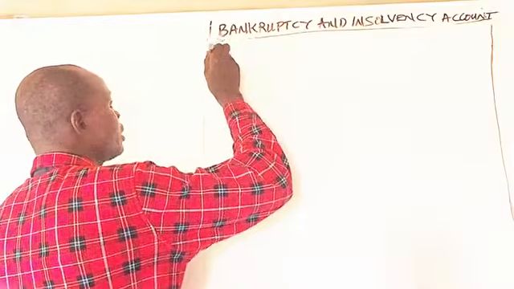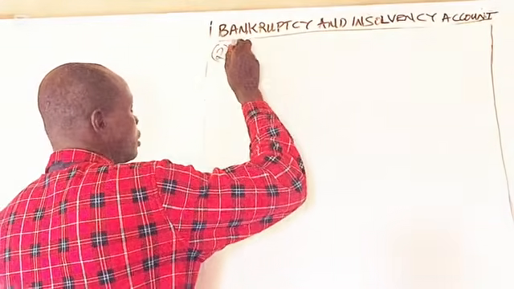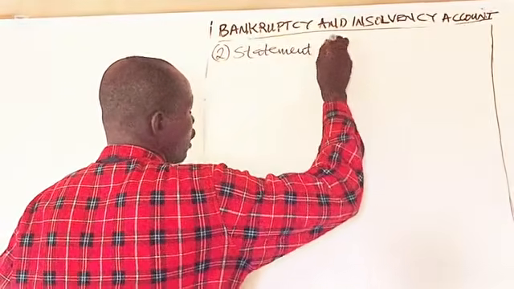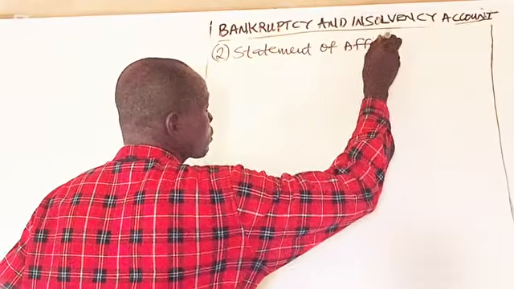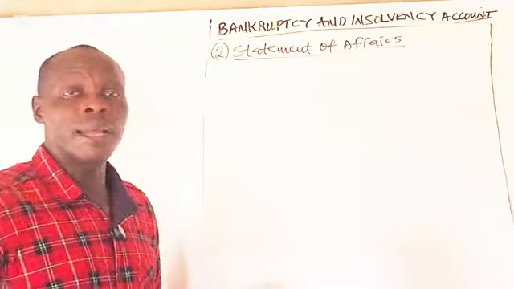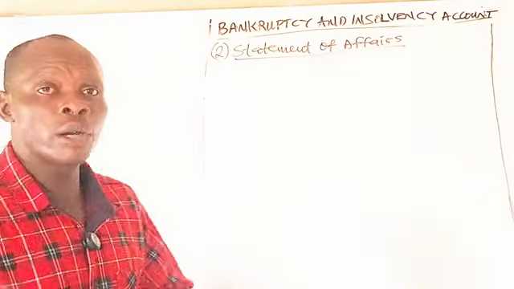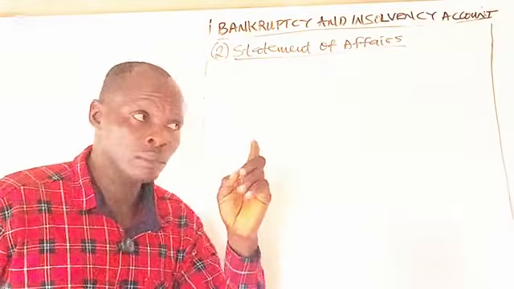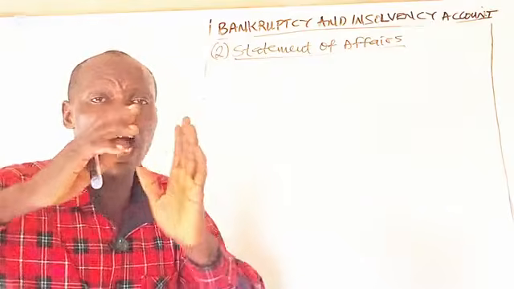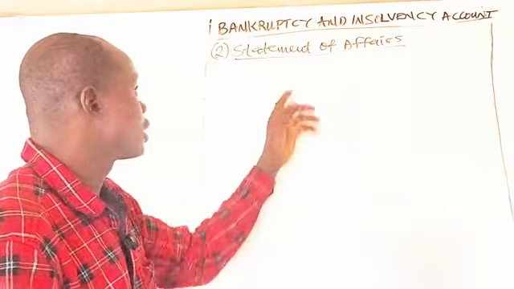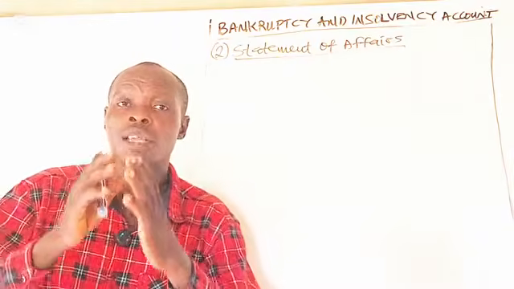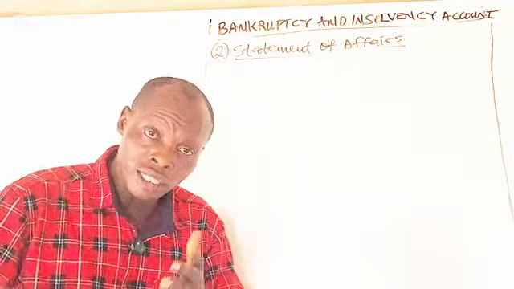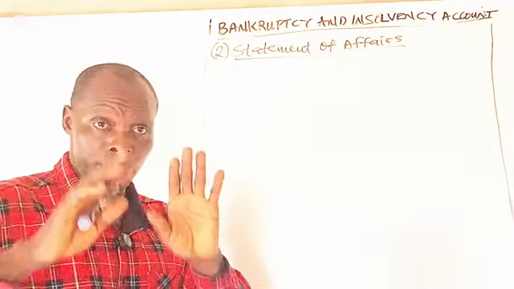The second account is the statement of affairs. A statement of affairs shows the financial position of the bankrupt on the date the receiving order is passed.